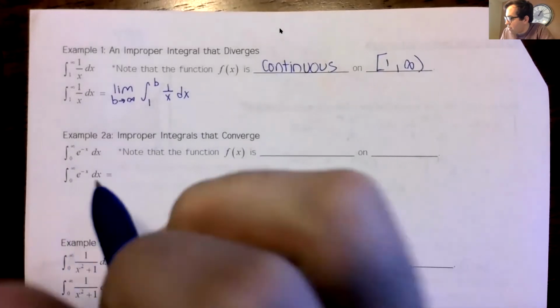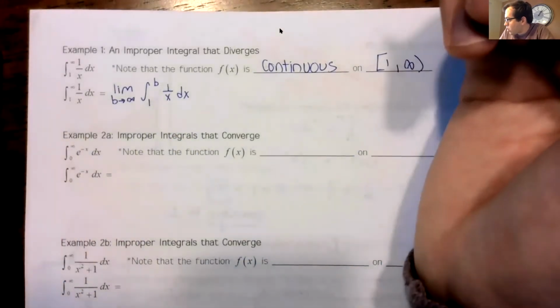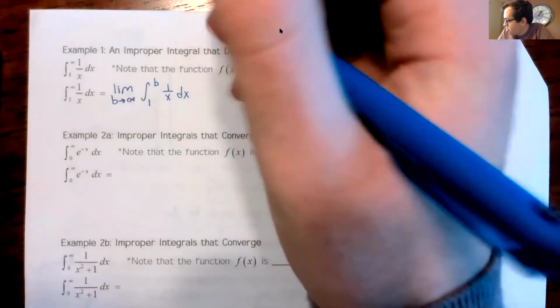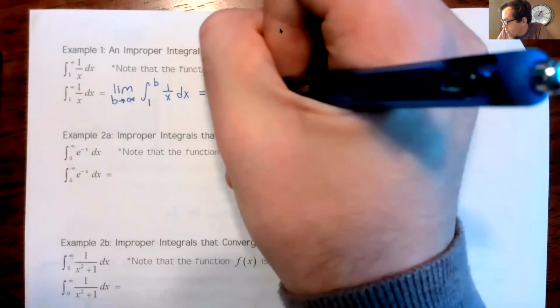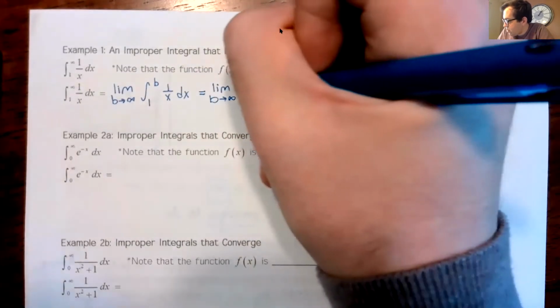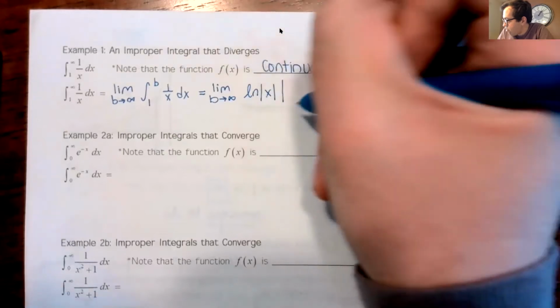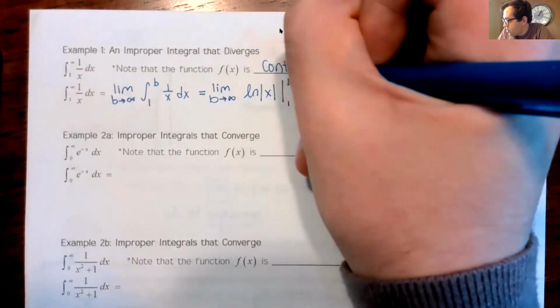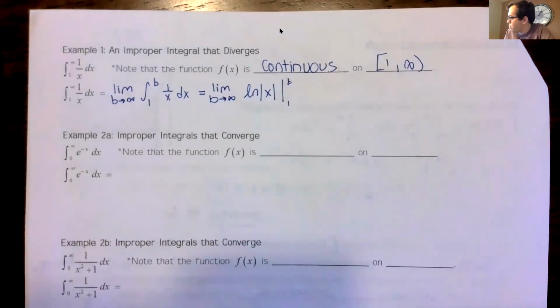So now we want to start to solve it. This is 1 over x, so the integral is going to be the natural log of the absolute value of x. We still have to write this limit statement every single time. So it's the natural log of the absolute value of x evaluated from 1 to b. You can see this is just a normal way of doing an integral.